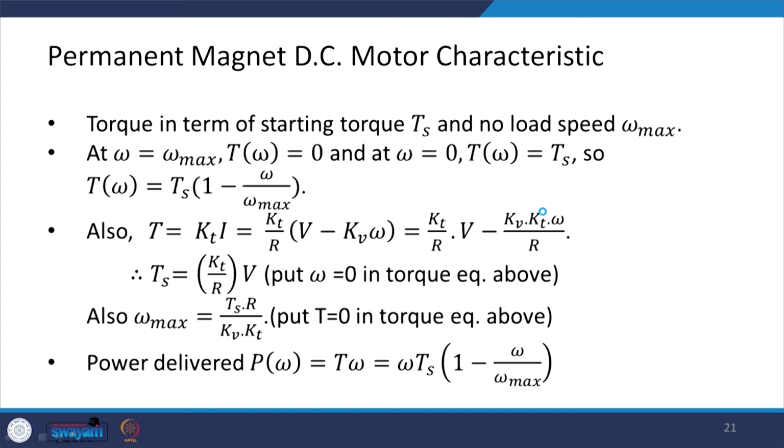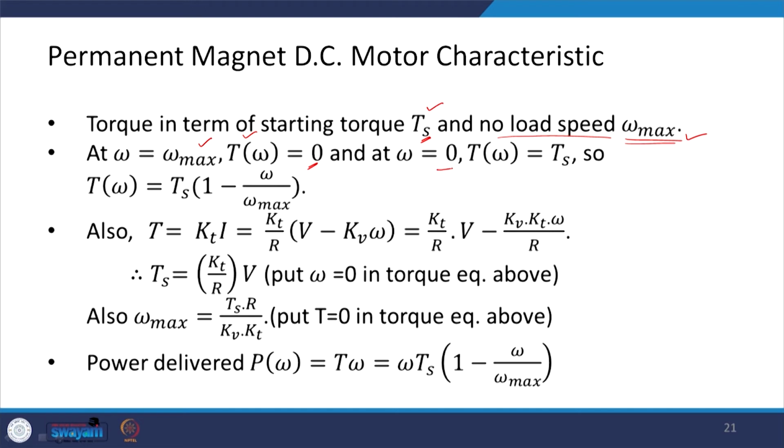If I talk in terms of starting torque, say Ts, with subscript S indicating starting, and the no load speed, which is going to be the maximum speed, I am representing the no load speed as omega max. At omega equal to omega max, when there is no load, the torque is naturally going to be 0.